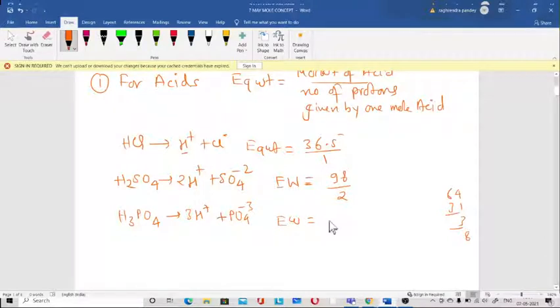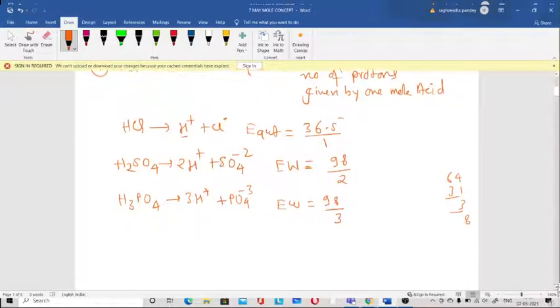So here also it is 98 divided by 3, because 3 protons are released. So for an acid you have to see how many protons are released: molecular weight of the acid divided by the number of protons released.